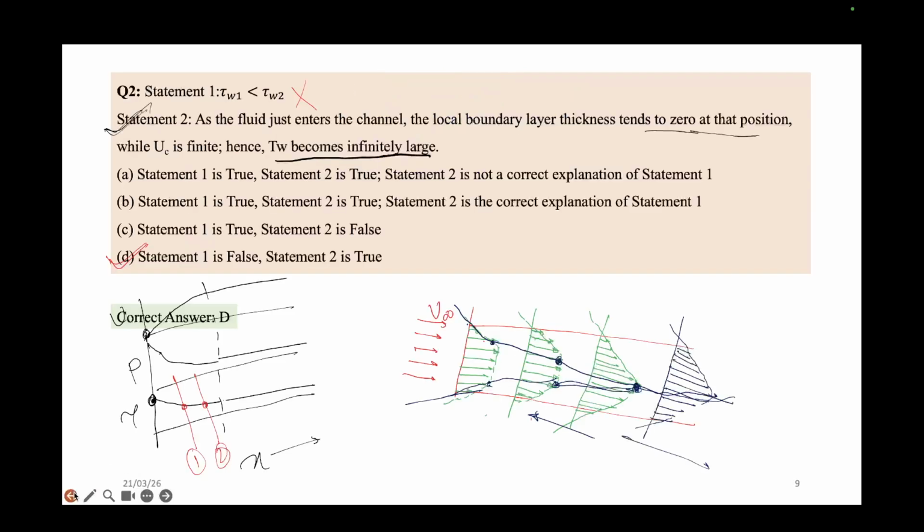How couldn't it be option A? In the U profile you see that initially it is less and then it increases. It is the central line. Though in other points, if I am talking about the central line, in the central line the velocity increases. But if you talk about any other point, say this layer, in this layer the velocity will decrease as you move further, because there is a gradual increment.